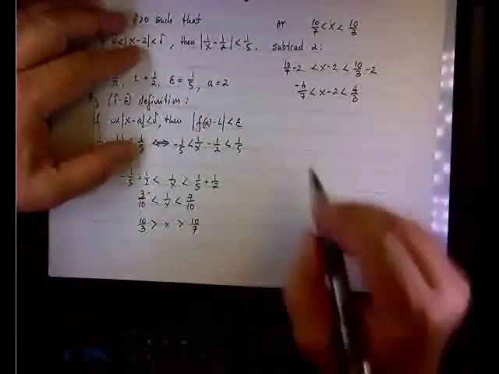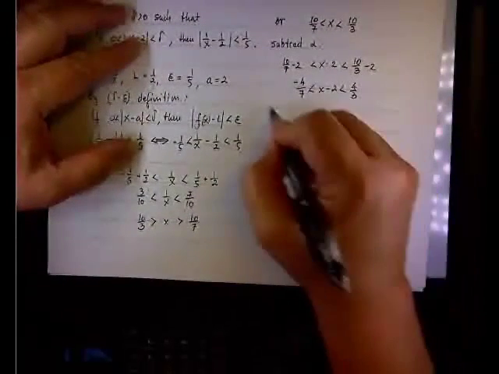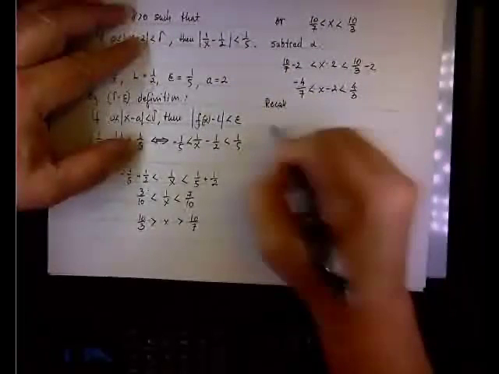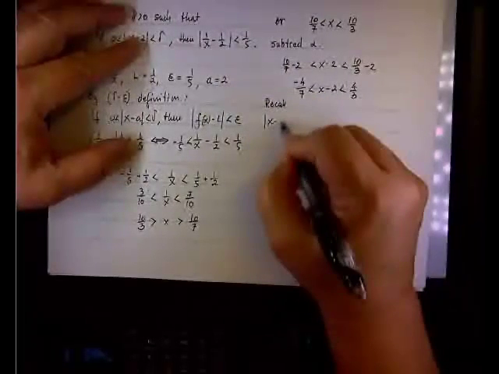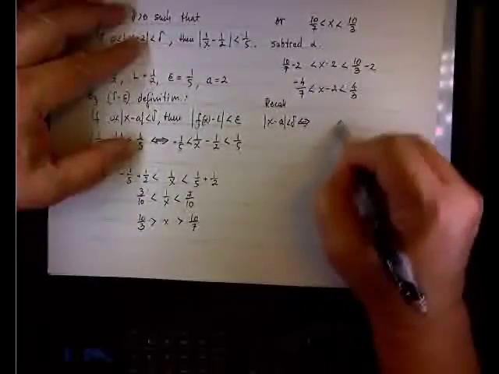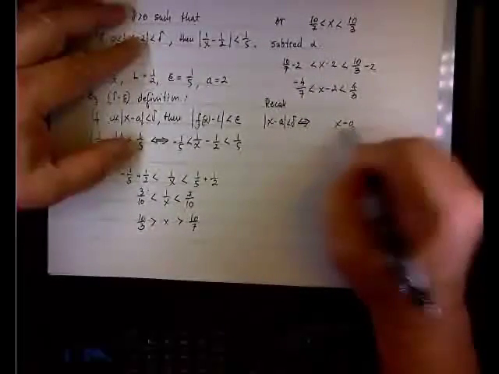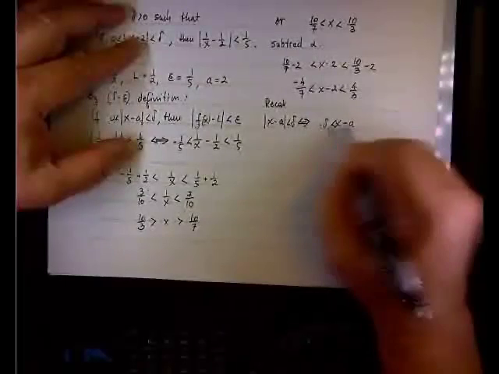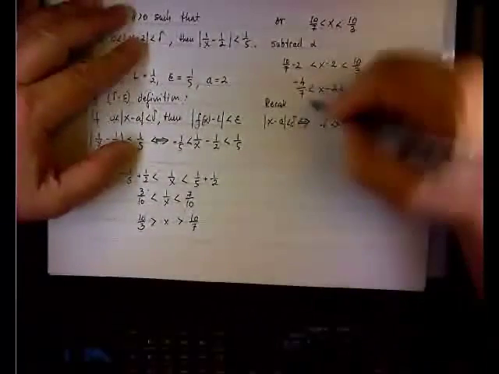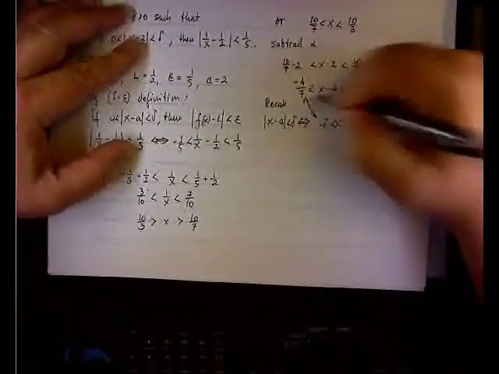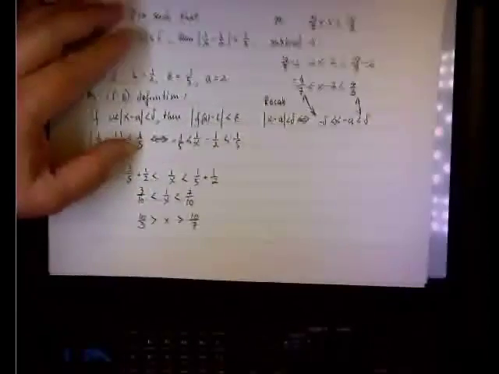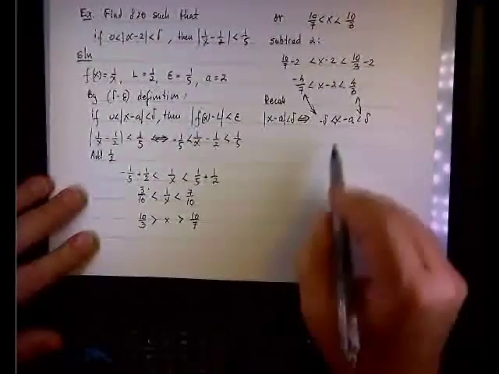Okay? So recall that x minus a is less than delta, the equivalent statement would be x minus a is greater than negative delta, but less than positive delta. So one will match with this one, and the other will match with this one.